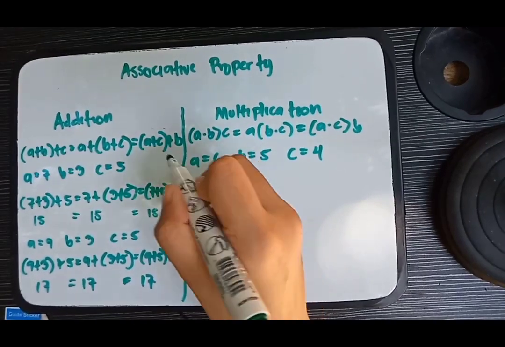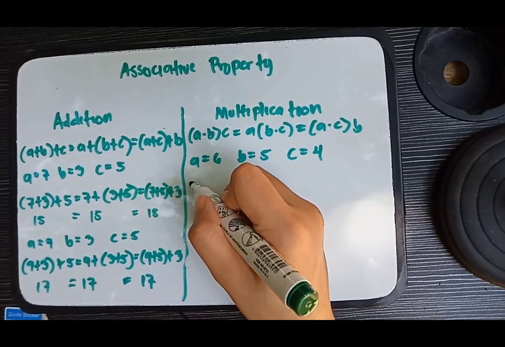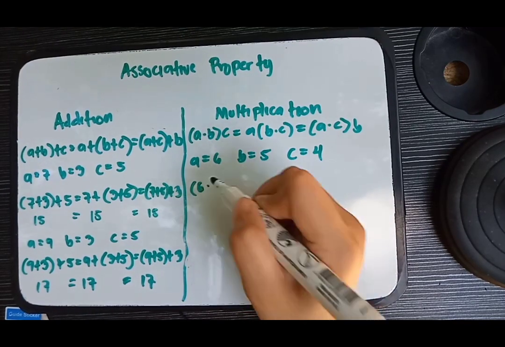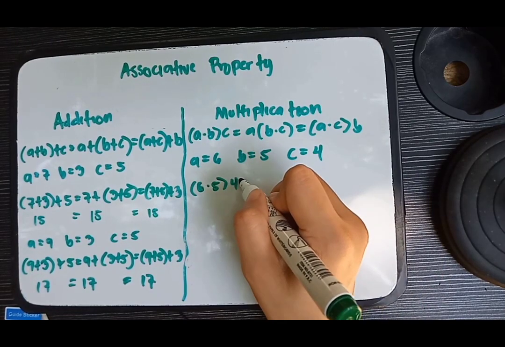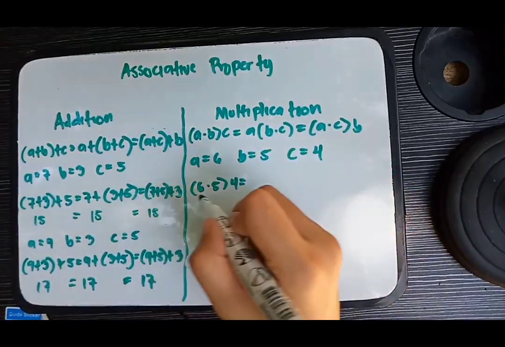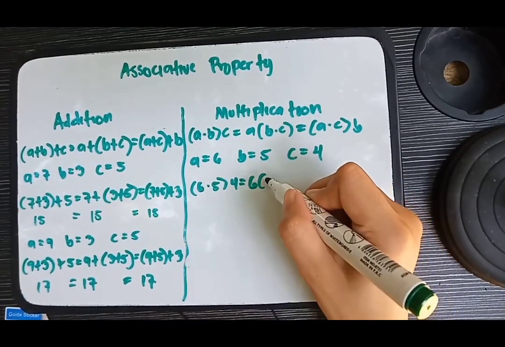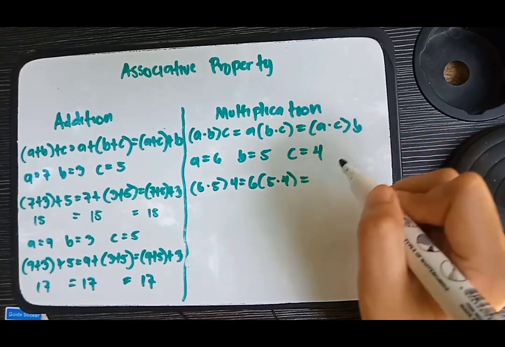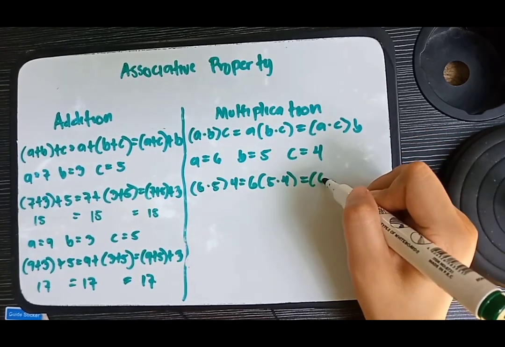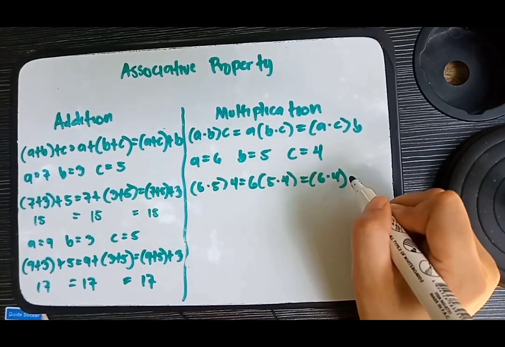So, our A is 6 and B is 5 times our C is 4, equal to A, our A 6, times the quantity of B, C. So, B is 5, C is 4, equal to A 6 and C is 4, and then our B is 5.